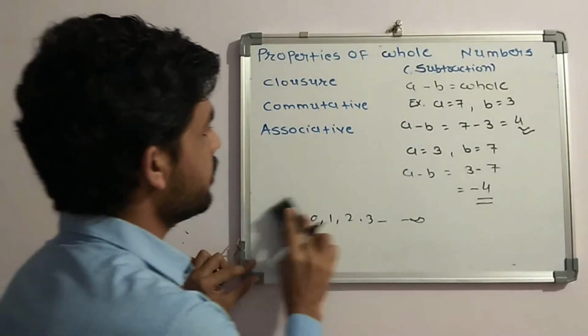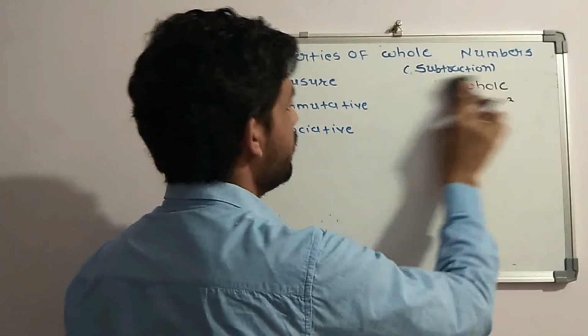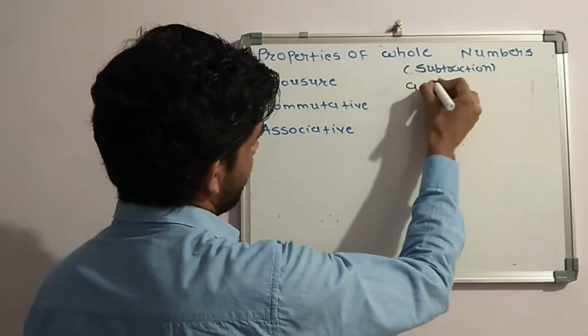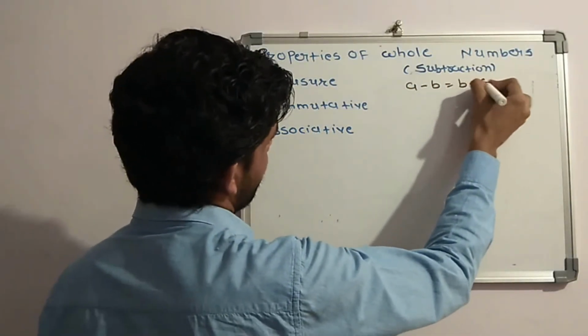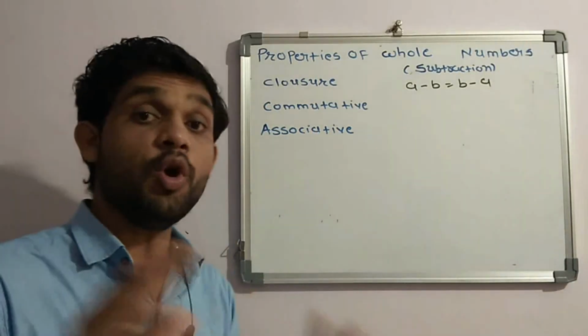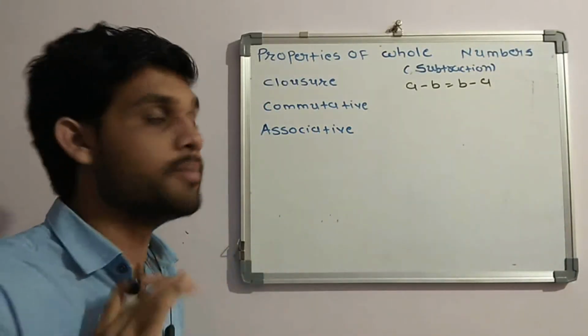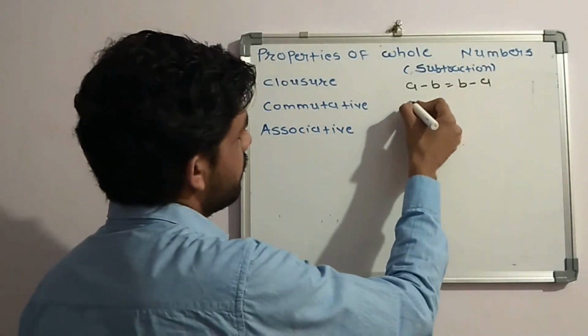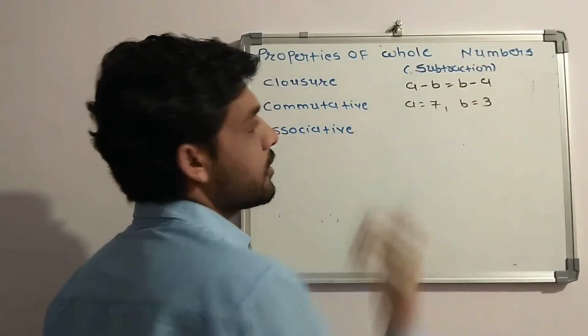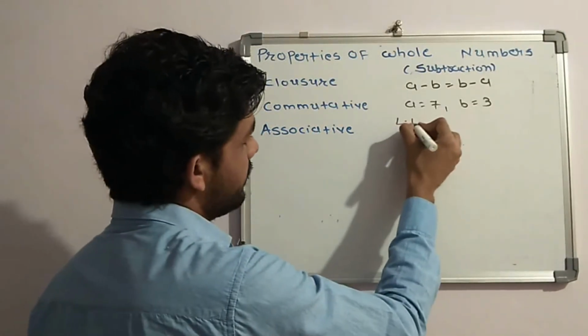Now let me check for the commutative property. What the commutative property says is that a minus b is equal to b minus a. That means कि for any two whole numbers हम उसको किसी भी order में subtract करें हमारा आंसर similar आना चाहिए. Let's try. If I take a is equal to 7 and b is equal to 3, let me do the left hand side.